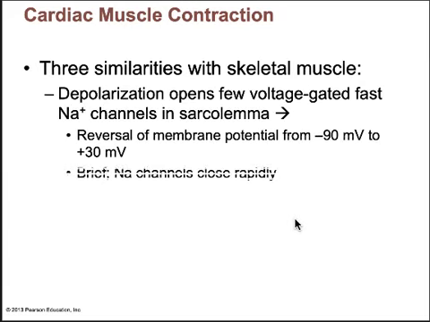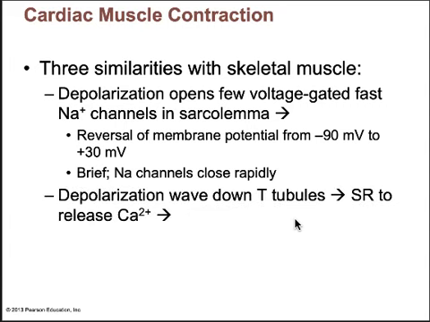Similar events take place in cardiomyocytes as in skeletal muscle. It's the opening of sodium channels that initiates the event. There's a reversal of membrane potential from minus 90 to 30 millivolts. The sodium channels close rapidly.